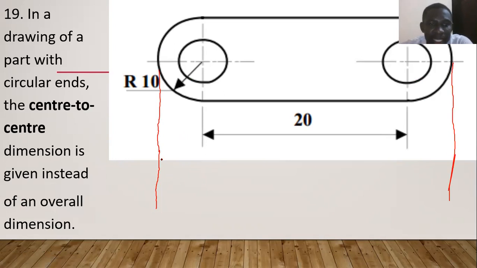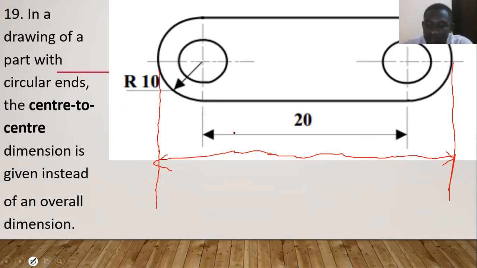So instead of having a dimension like this, with my dimension line crooked because I'm using my hand, we have a dimension from the center of the holes. What I've done in red is wrong, but the right thing is to have the dimensions from center to center of the holes. Very important.